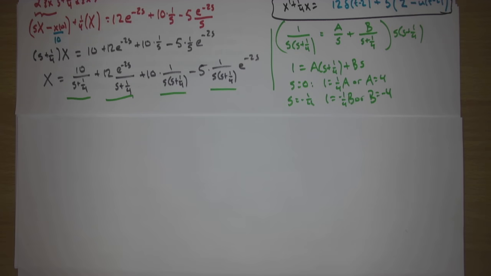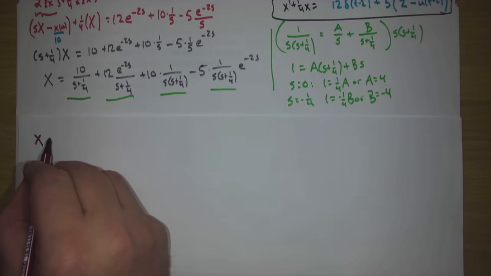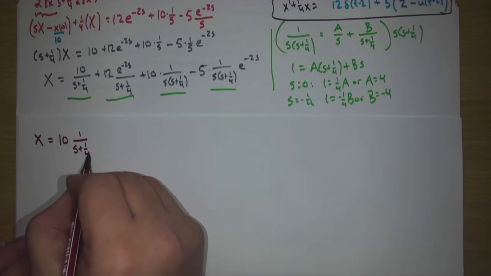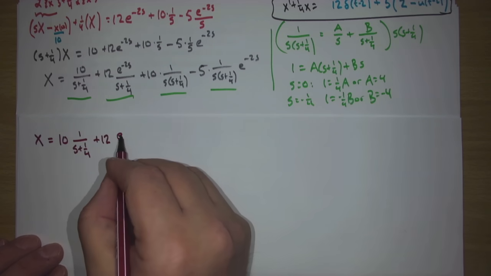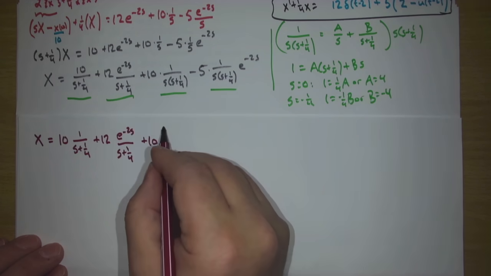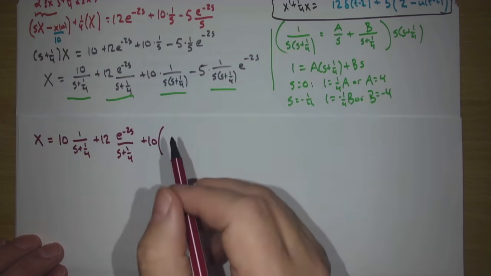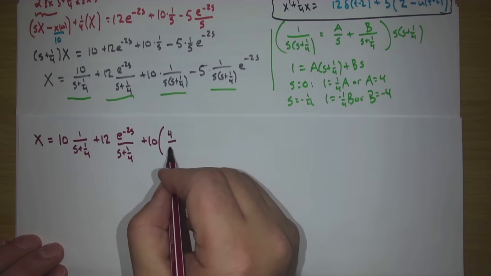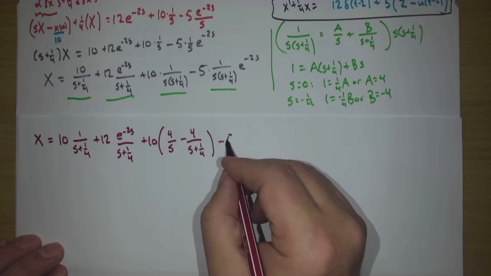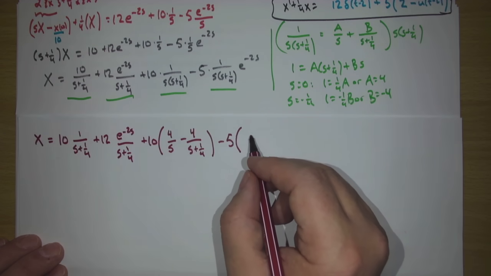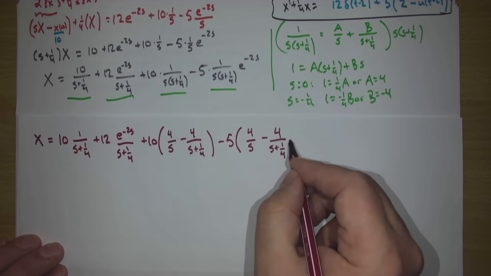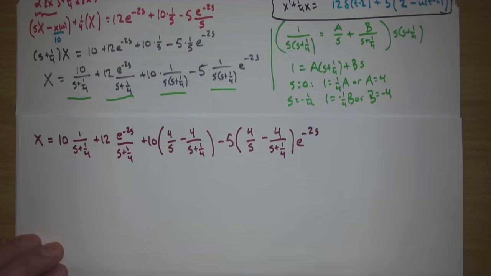So, updating. What do we have? Our function capital X, not the function we want, but the Laplace transform of the function we want: 10 times 1 over (s + 1/4), plus 12 e to the minus 2s over (s + 1/4), plus 10, and now we'll use our partial fractions, so that's 4 over s minus 4 over (s + 1/4), minus 5 times 4 over s minus 4 over (s + 1/4) e to the minus 2s.